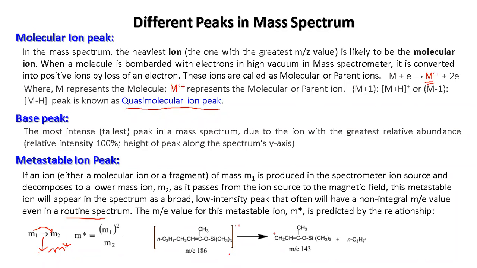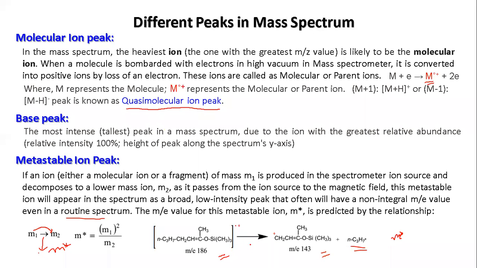Now, try to find out, based on this equation, what could be the metastable ion M by Z value in these cases. This you can take as the parent ion, and this you can take as the next ion generated after releasing the propyl radical.